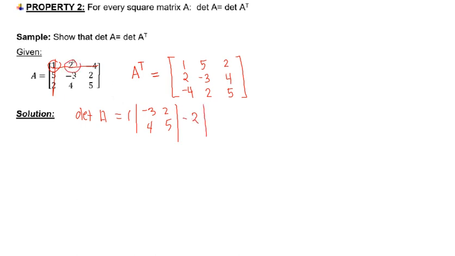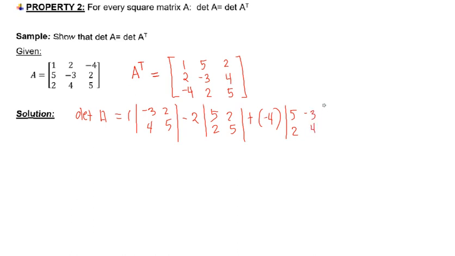So pag ineliminate natin yung row 1, column 2, what's left over is 5, 2, and 2, 5. So we have 5, 2, 2, 5. And last, plus negative 4 times, if we eliminate this row 1, column 3, what's left over is this value. We have 5, 2, negative 3, and 4.